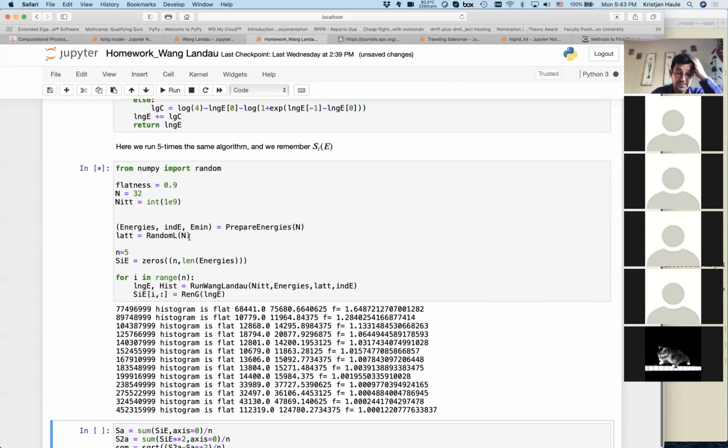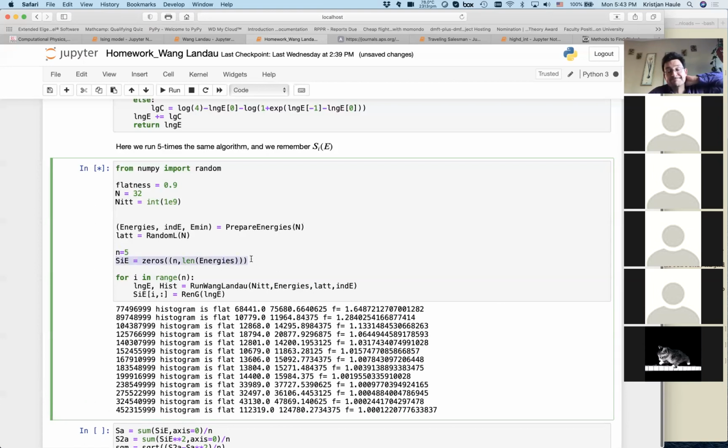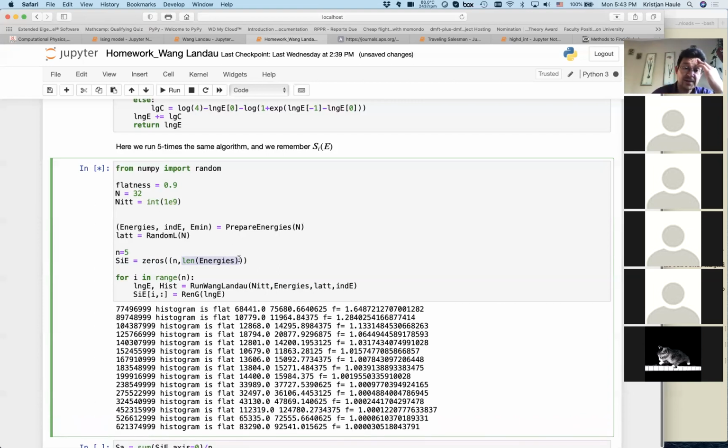We select some random configuration, and then we do 5 runs. We allocate memory for the logarithm of the density of states for 5 possible runs, and each of them has to be as big as the number of energies.